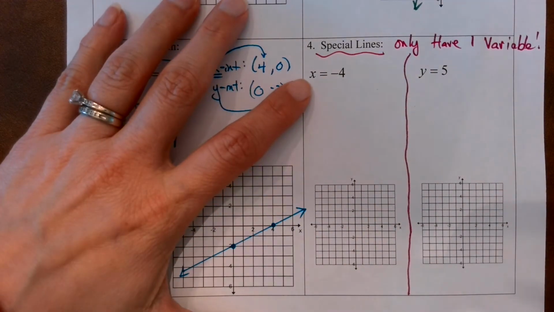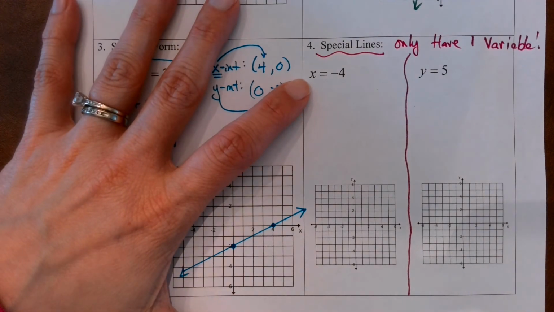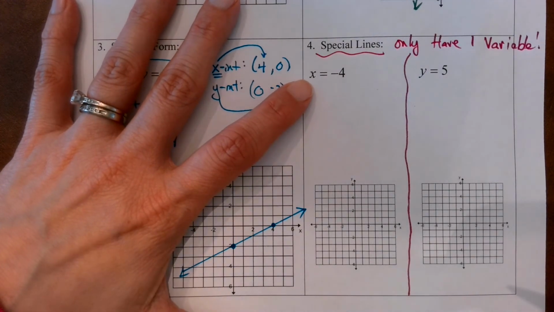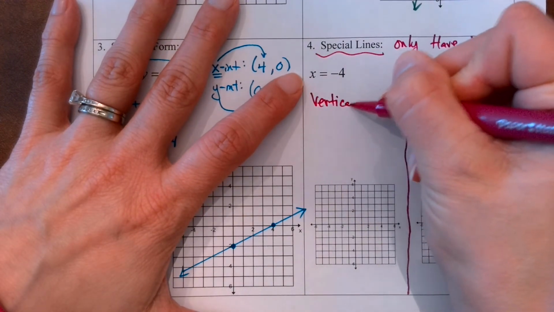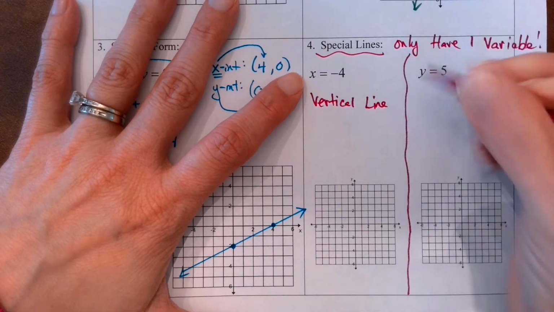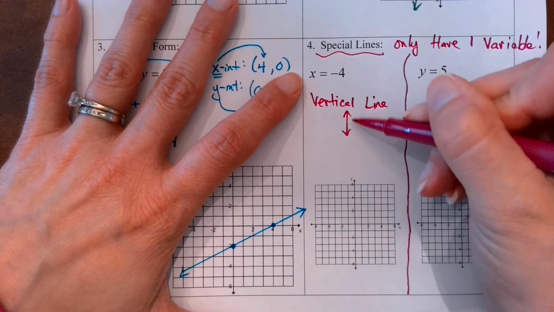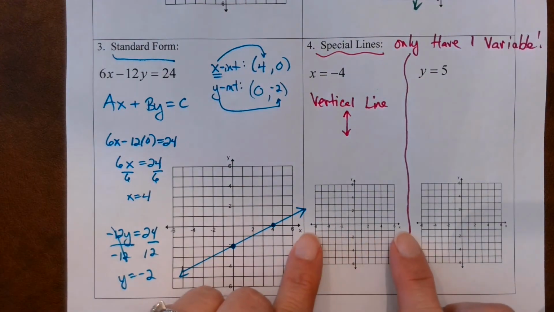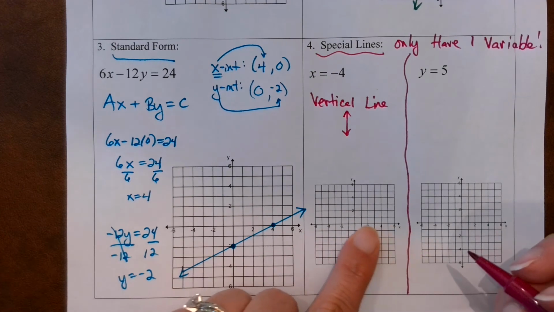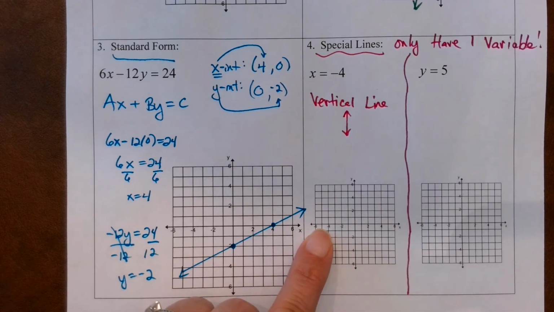If you only have an x letter, you are going to be a vertical line. A vertical line, remember, goes up and down, like a vertical jump for the basketball people. So I look at the x-axis, and on the x-axis I go to -4.